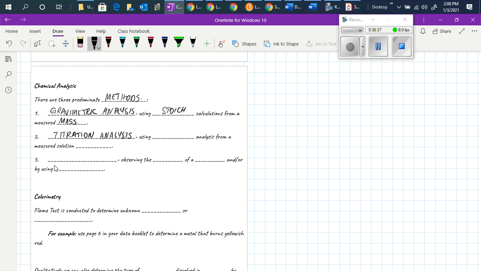what we have been doing in the previous lesson. Again, what we are doing here is we are using stoich, and what we are finding from a measured solution volume. We are measuring the volume, and we are finding the concentration.